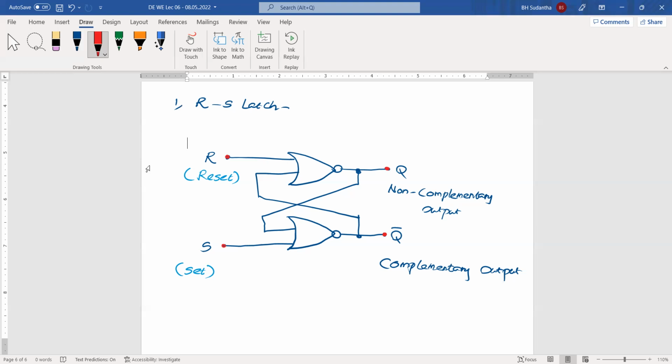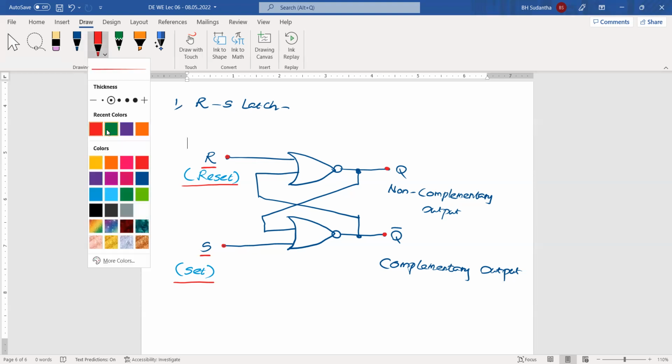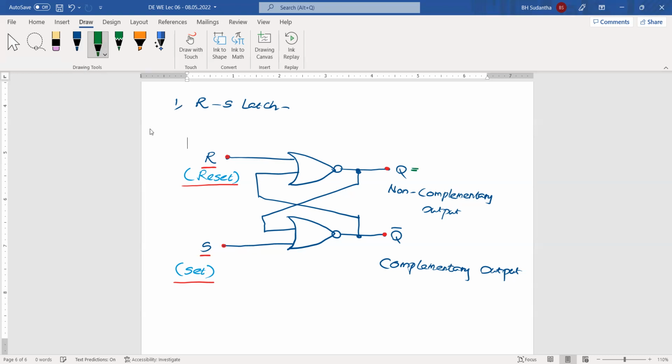On this side you can see this is the reset input and this is the set input. That's why the S and R values are here. Okay, can you try to write this Q output value in terms of R and S?